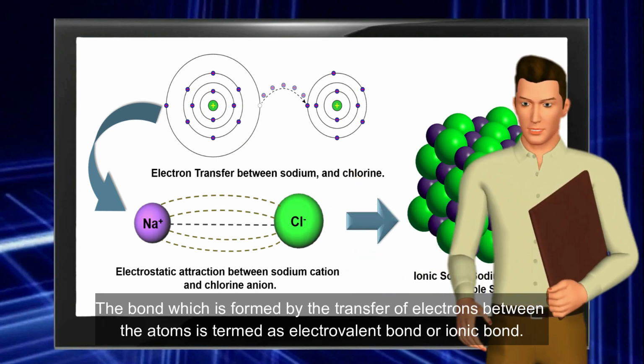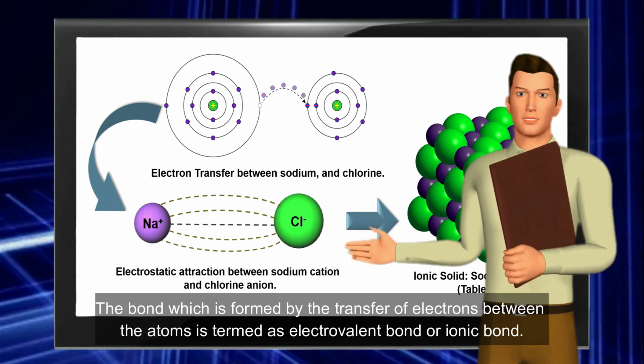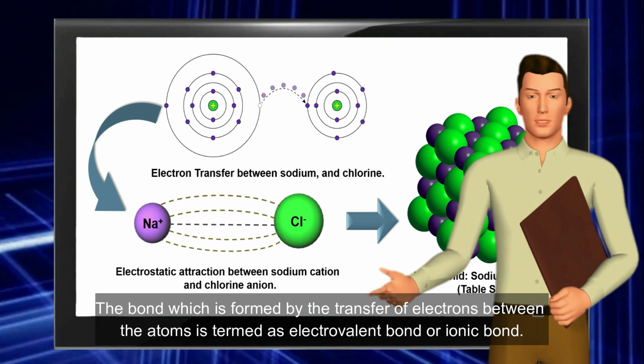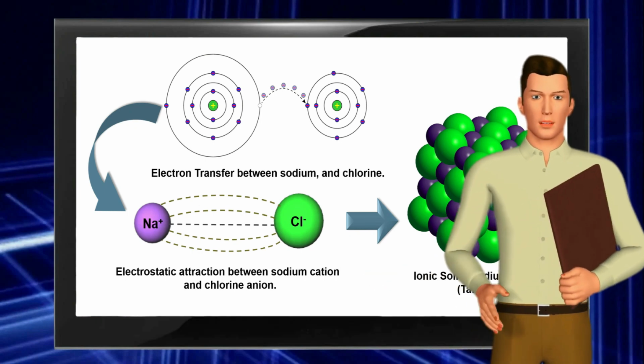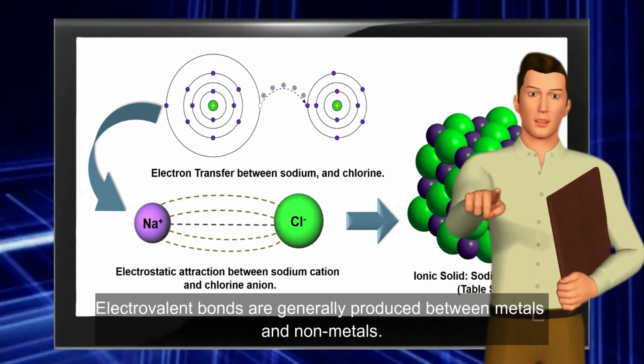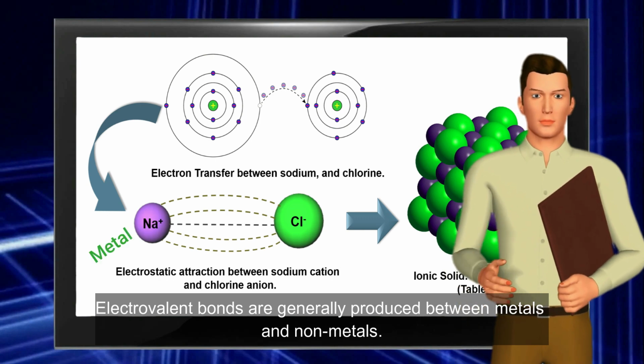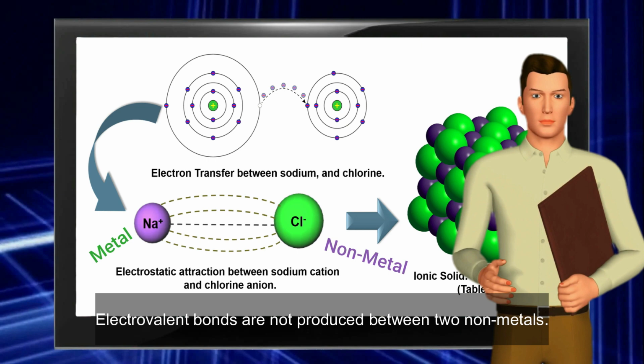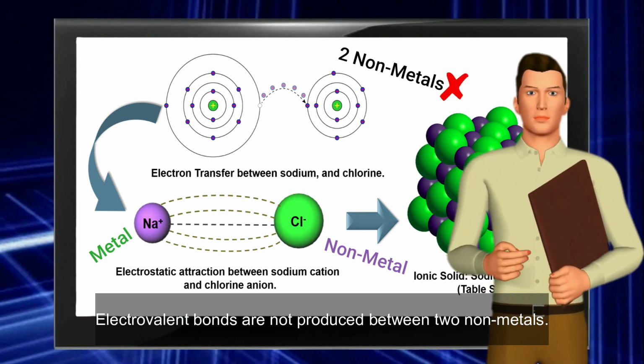The bond which is formed by the transfer of electrons between the atoms is termed as electrovalent bond or ionic bond. Electrovalent bonds are generally produced between metals and non-metals. Electrovalent bonds are not produced between 2 non-metals.